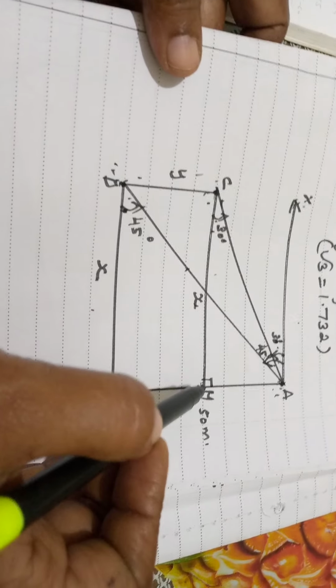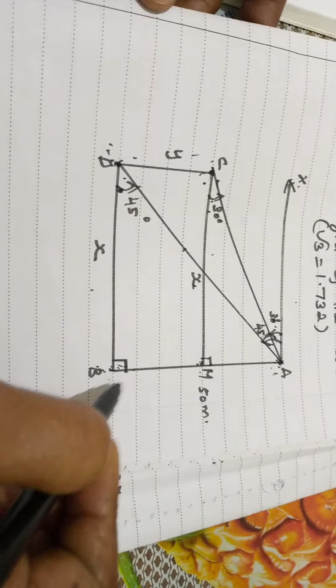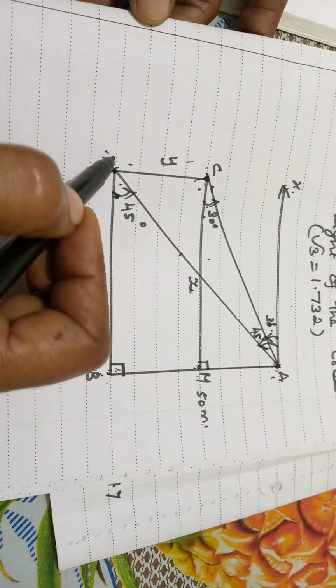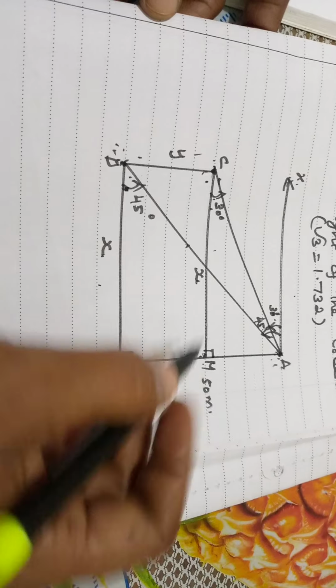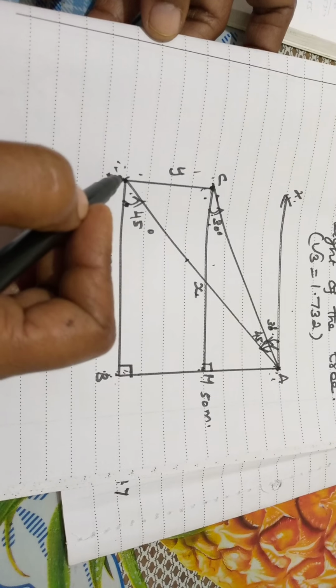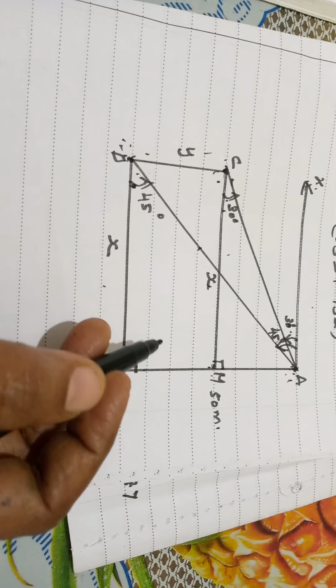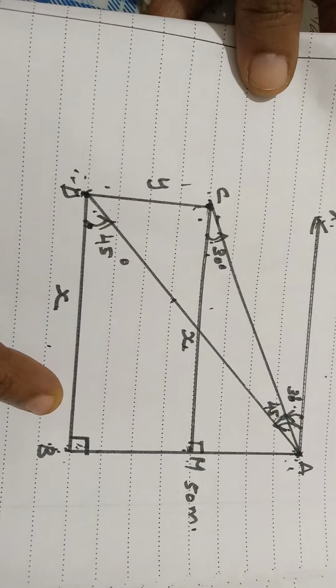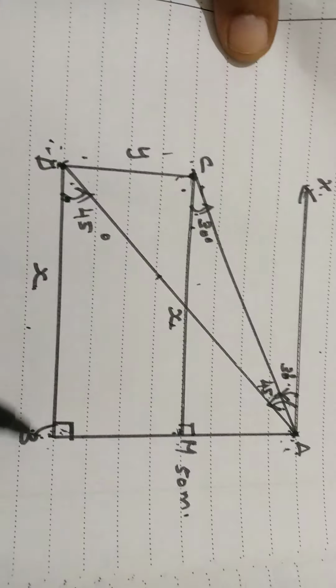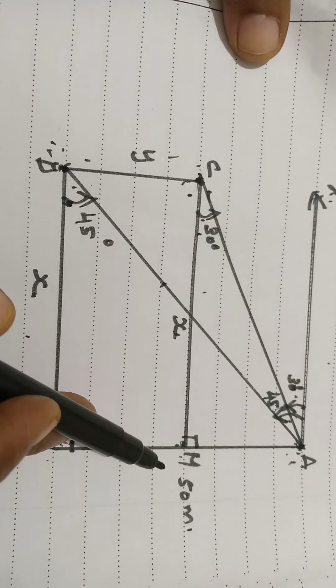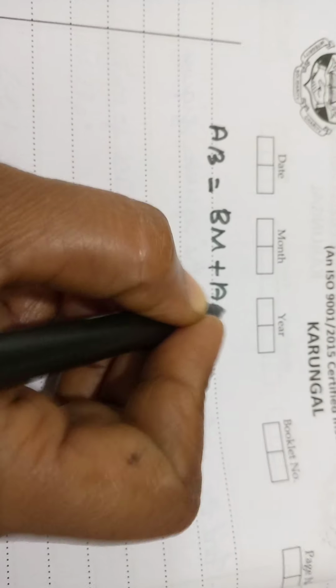So if we subtract this AM value, we get this BM. Here BM and CD will be equal. If we get BM, we can write that value for the CD. Both values will be equal. So let's subtract and write. AB equal to AM plus MB, or BM. So AB equal to BM plus AM.